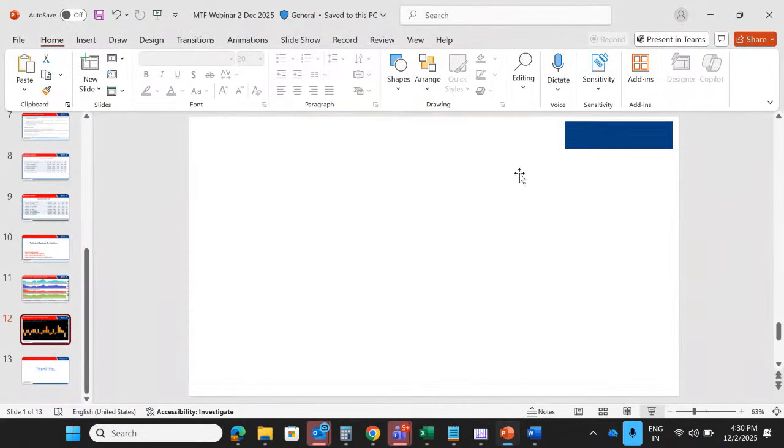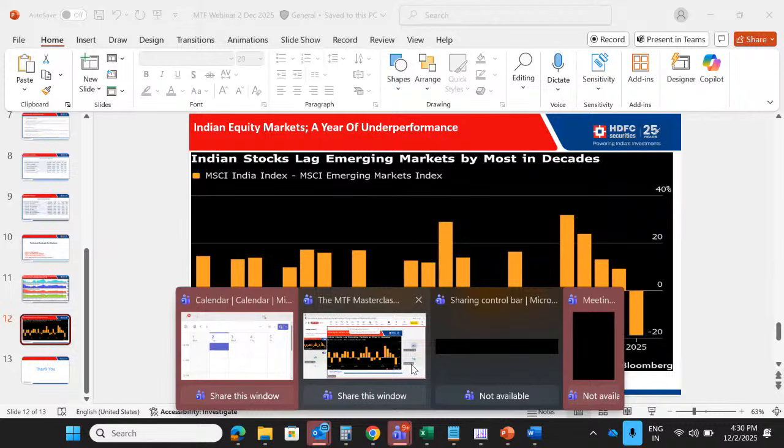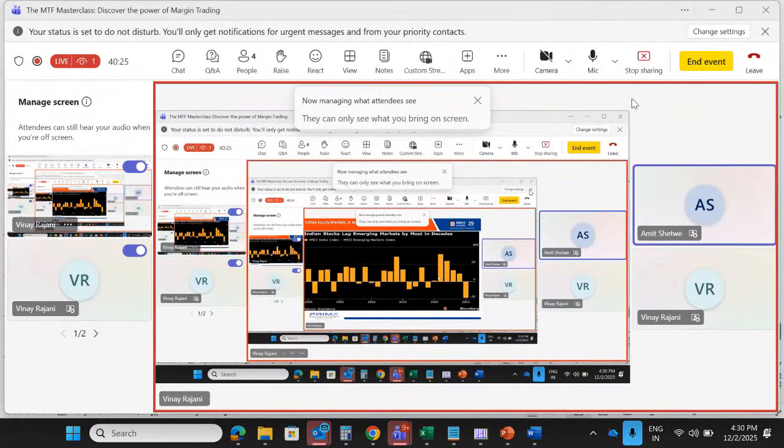Yeah, thank you, Vinay. So rightly said, Vinay has given the overall market view, and we should use this opportunity of MTF. We have covered almost all the overall features of the MTF.